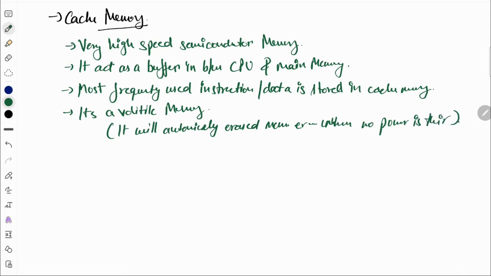The parts of data and programs are transferred from the disk to cache memory by the operating system, from where the CPU can access them.